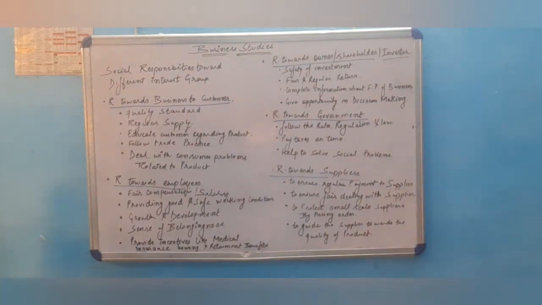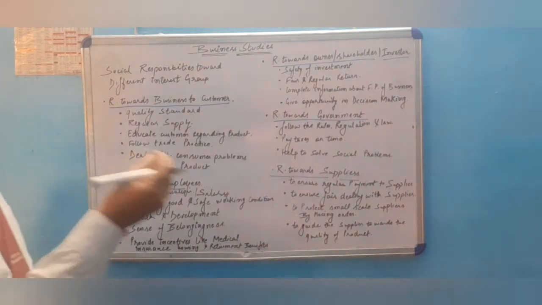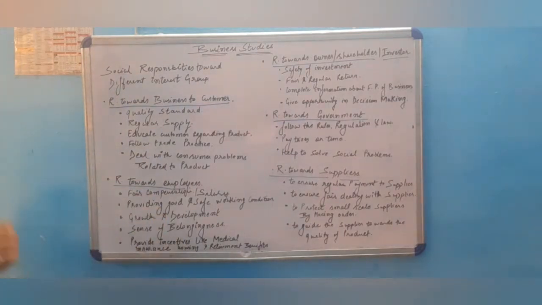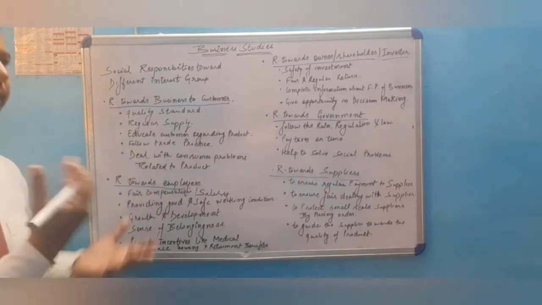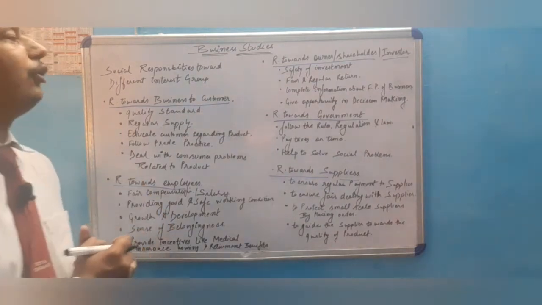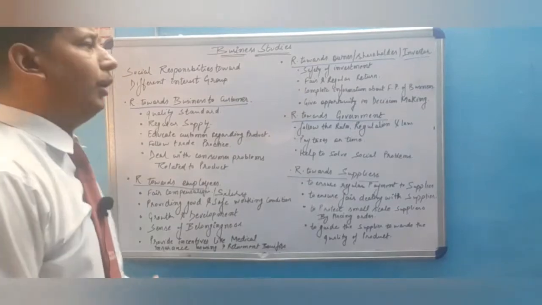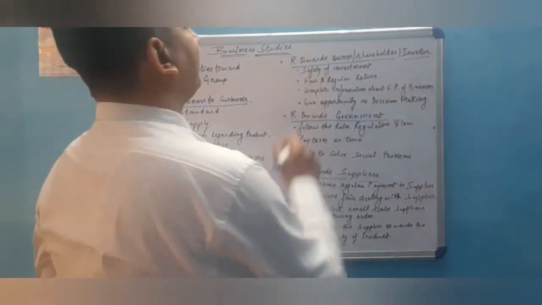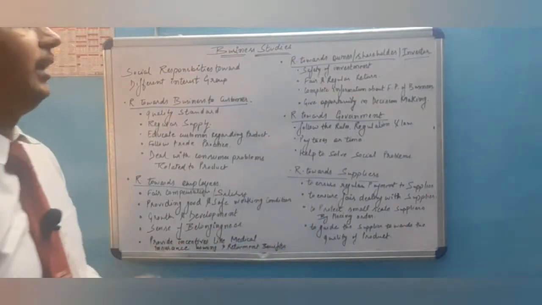The business should provide medical insurance and housing facilities to the employees. If they are in a higher job, they should be provided higher housing facilities also, and retirement benefits. Now we will discuss what are the responsibilities towards owners, shareholders and investors.